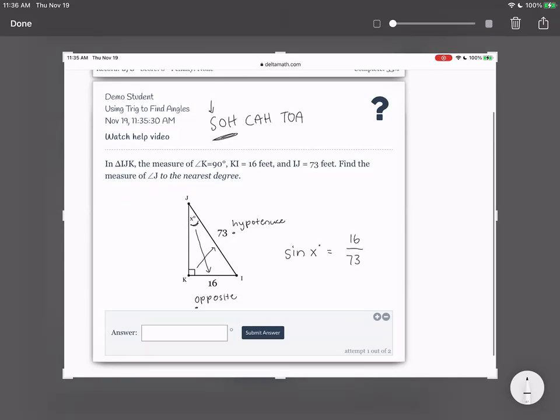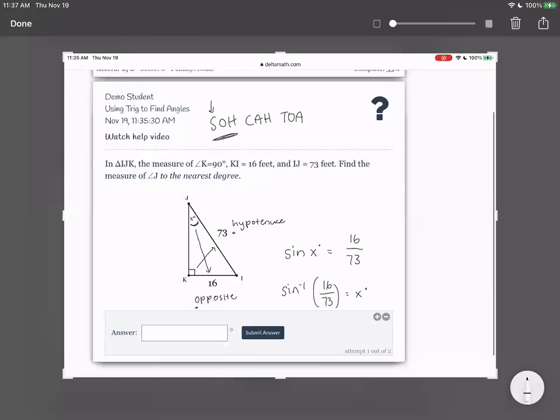But we're not done yet. This is sine of x degrees is equal to 16 over 73. But we want x to be by itself. So how do we get x by itself? We do the inverse. So sine inverse of 16 over 73, and that will give us x.